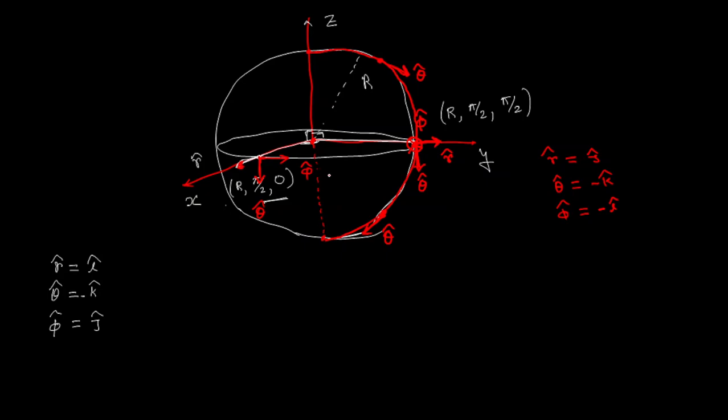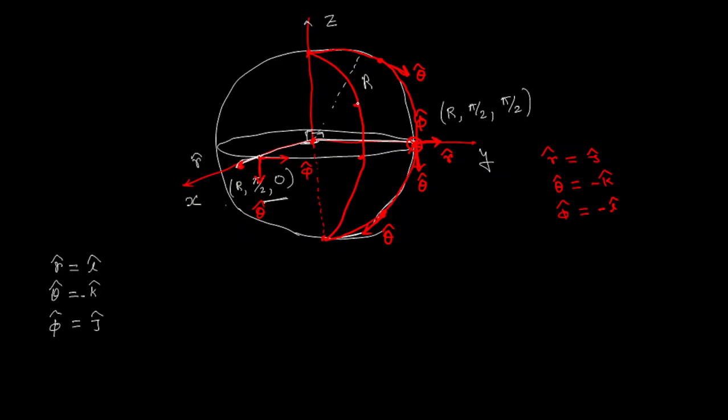Okay. So if we ask what will be the direction of theta cap at any point on the sphere, what you have to do is draw a semicircle from north pole to south pole through this point. Let's say I consider another point here. Here, you have to draw a semicircle from north pole to south pole through this point like this.